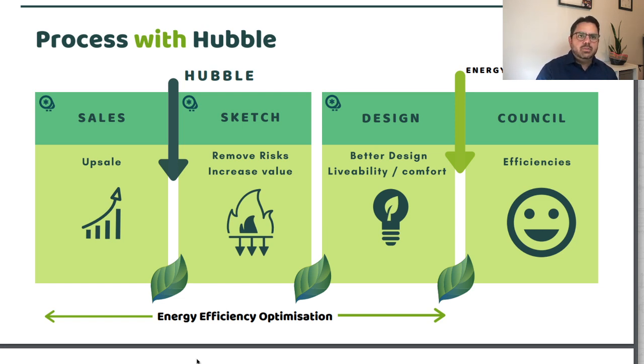And the reason most clients currently try to up-spec perhaps the kitchen instead of the windows is because they clearly do not understand what is going to be the return on investment, what is going to be the payback of using better materials and having a better design.